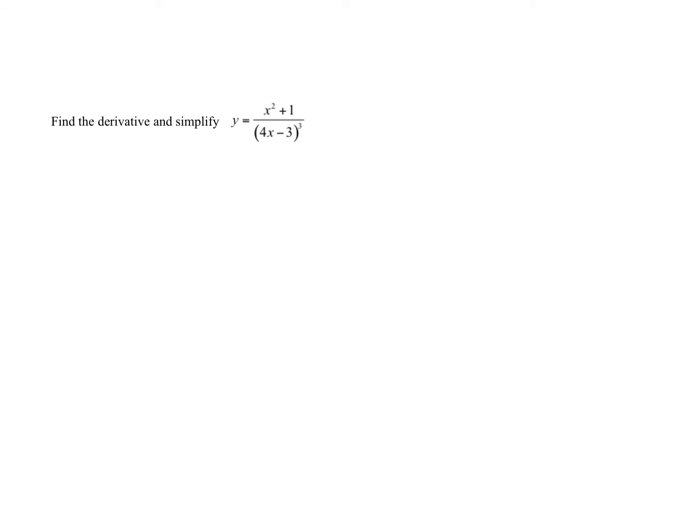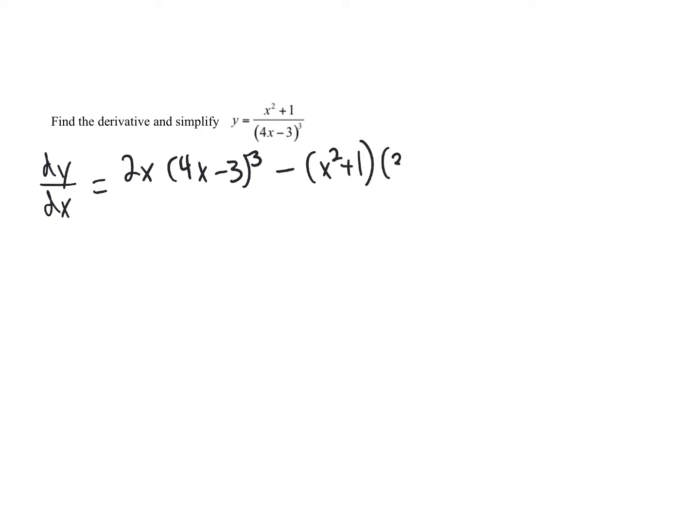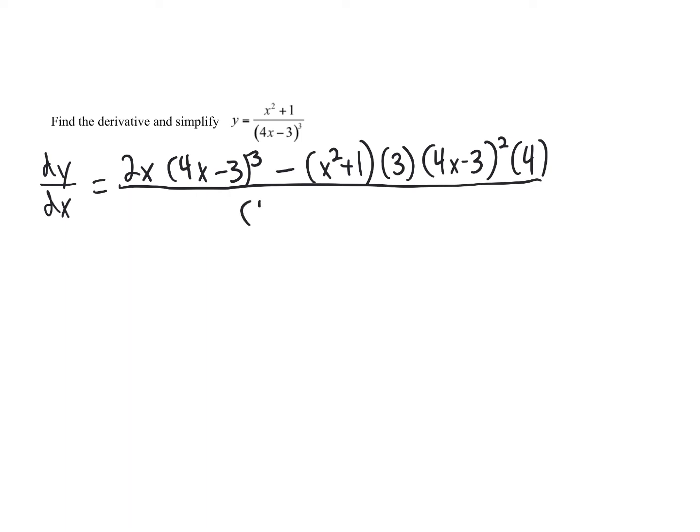In this example, we're going to do the quotient rule. We're going to do the derivative of the top times the bottom minus the top derivative of the bottom all over the bottom squared.